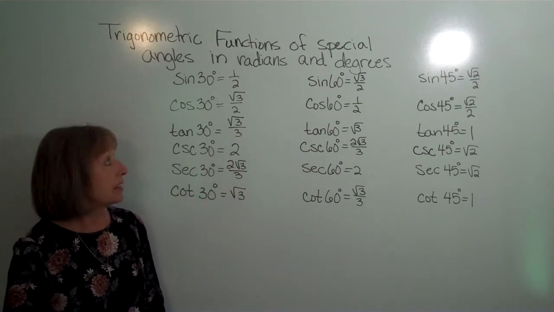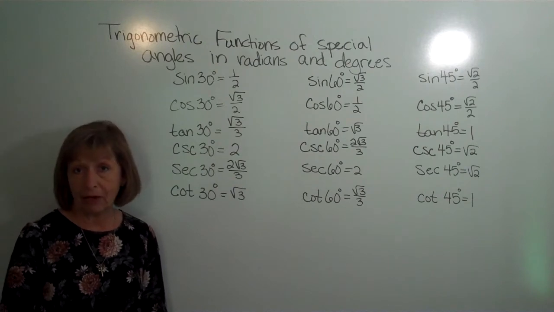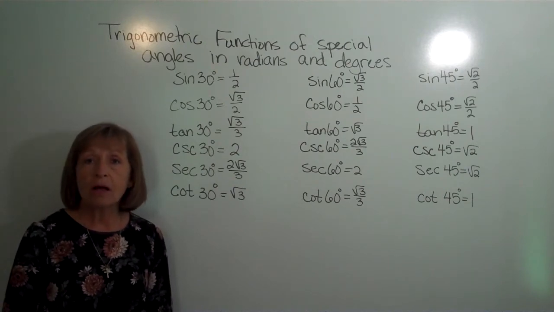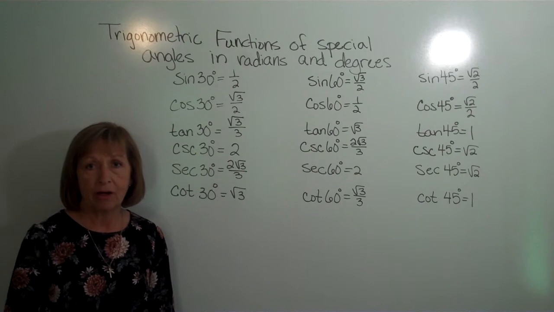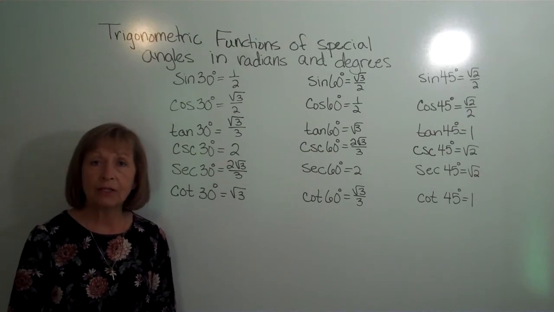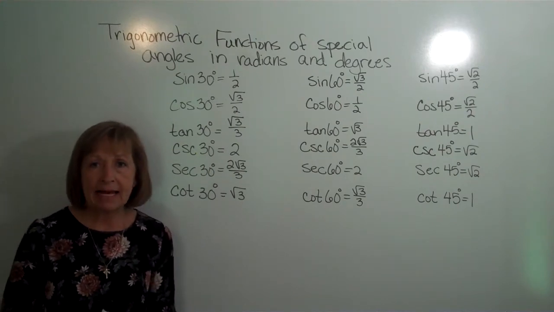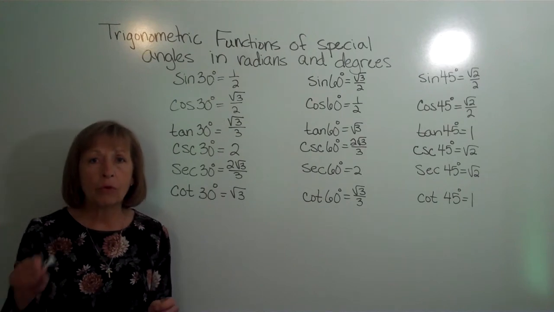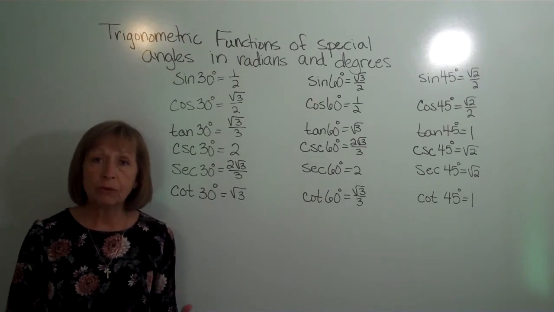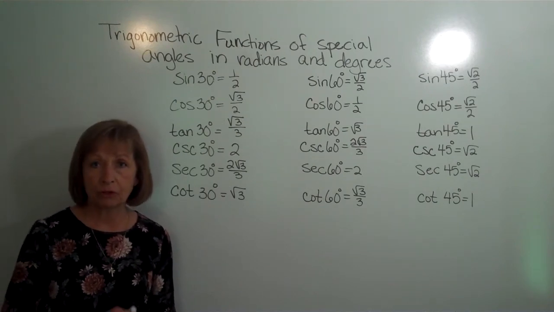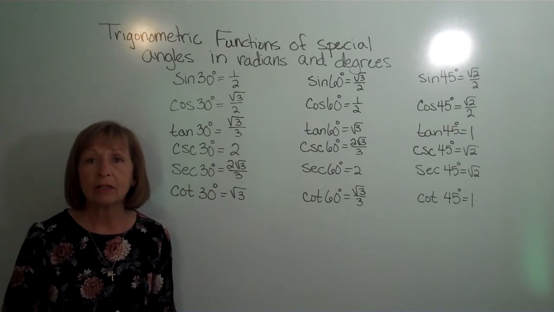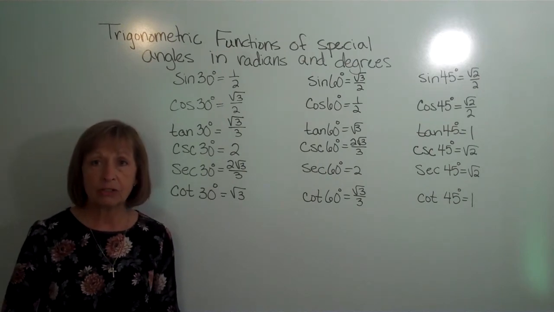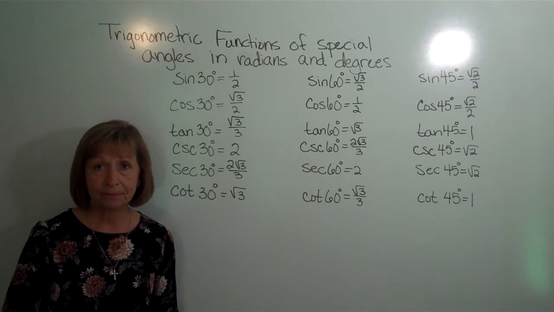Now, the other thing I want to mention is in an earlier video, we looked at as well the radian measure of an angle. And we looked at the idea that if you go all the way around the circle with degree measurements, the total degree measurement of that central angle for an entire circle is 360 degrees.